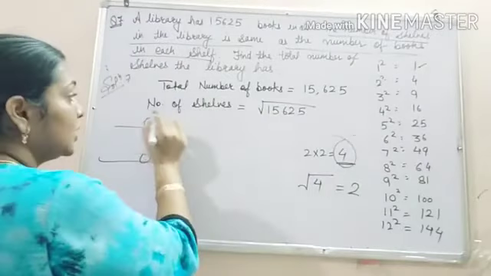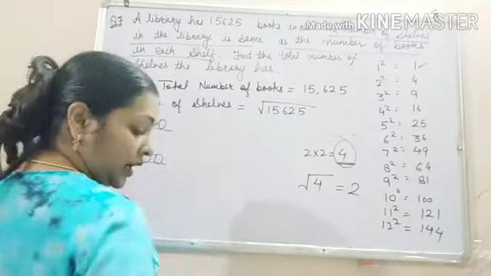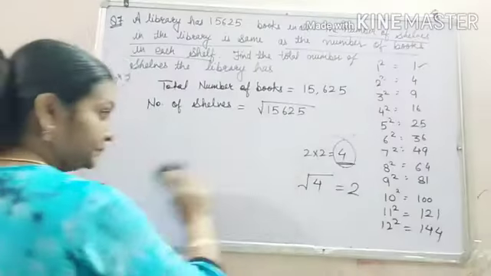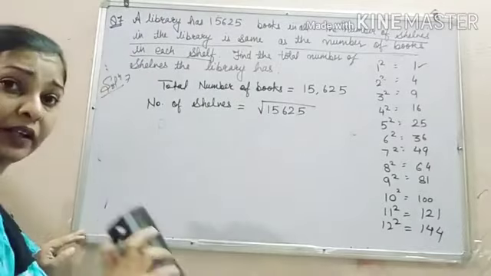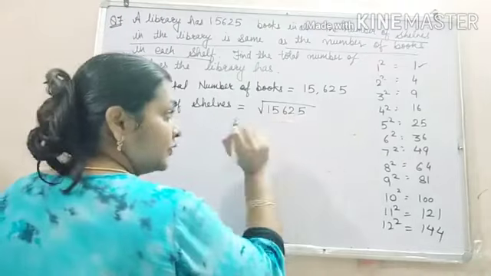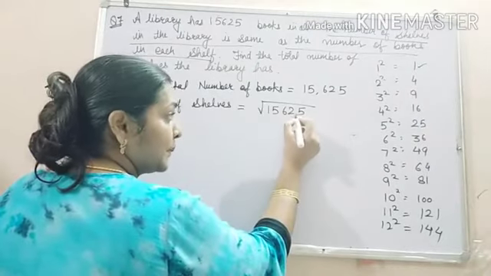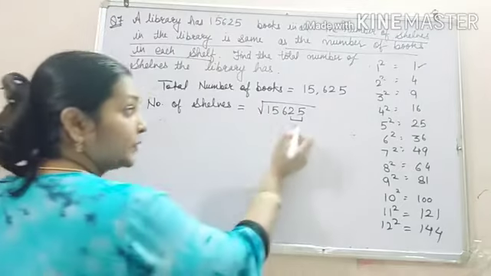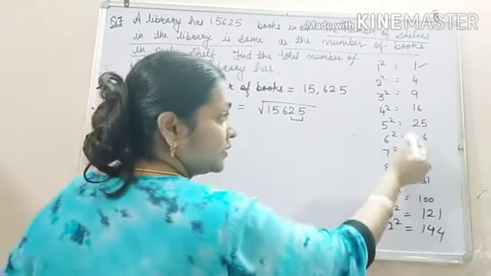So here also total number of books is 15,625. So number of cells will be equal to under the root 15,625. Now how to find the root of this number? There are two methods. One is ones and tens. For that, separate ones and tens digit from other numbers. Here it is 25. 25 is the square of 5.